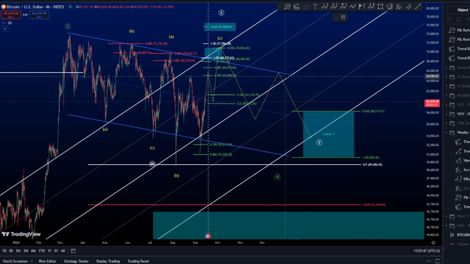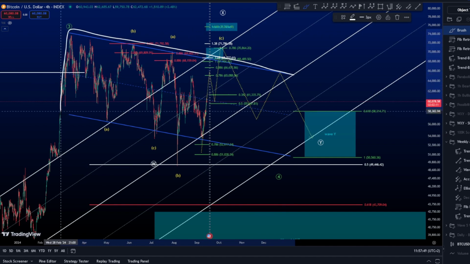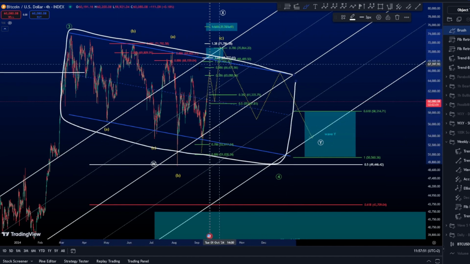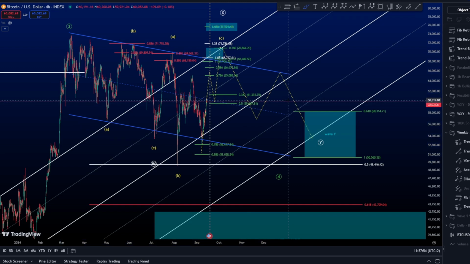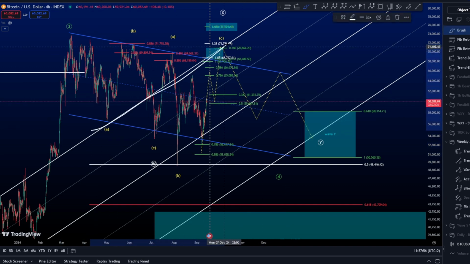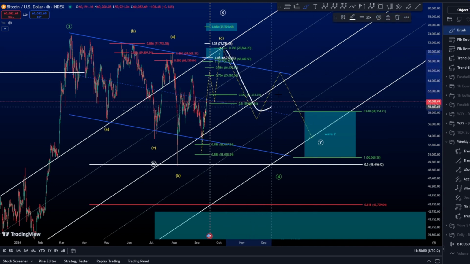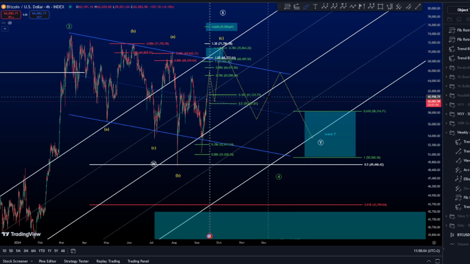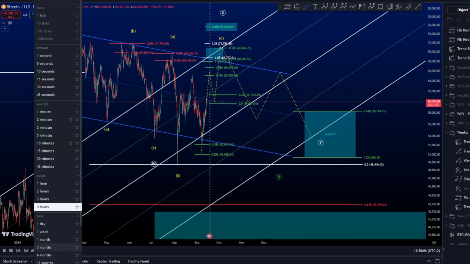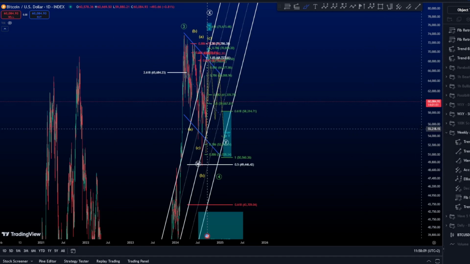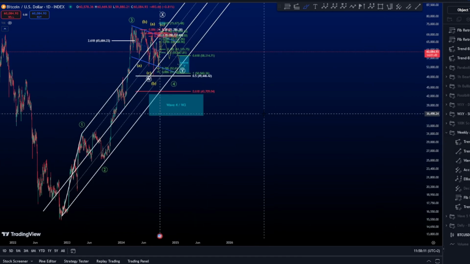The blue one, as you can see here, your blue channel, you can still range inside it for a longer time, and even inside your acceleration channel, the white one of course, where you can just hit exactly this point and move directly up towards the wave 5 for an impulse to finish this cycle impulsively.